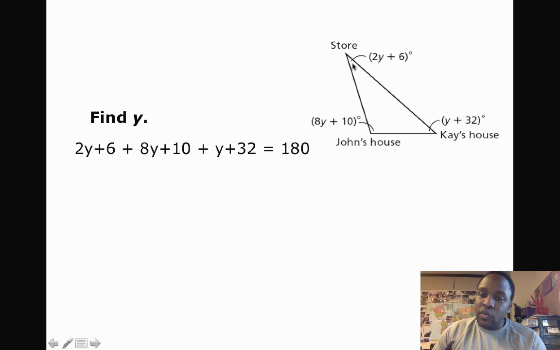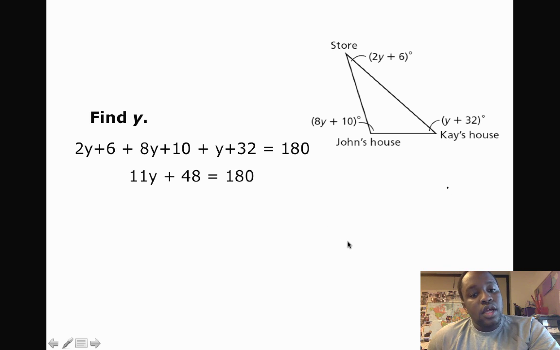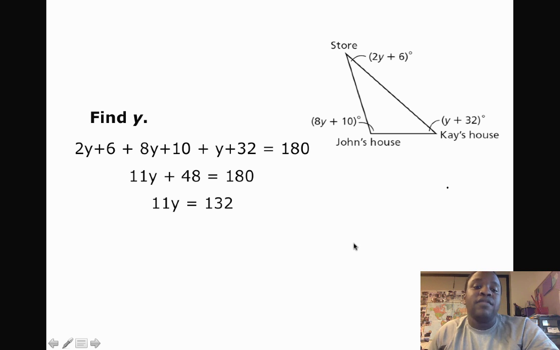So we can say that 2y plus 6 plus 8y plus 10 plus y plus 32 is going to equal 180 degrees. And once we've set it up, it's just like we've done tons of times before. We're going to then solve for y. So we're going to combine like terms and then subtract 48 on both sides and divide by 11. And we'll get that y is equal to 12.